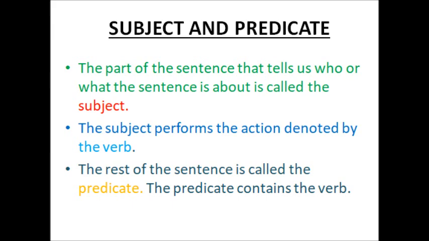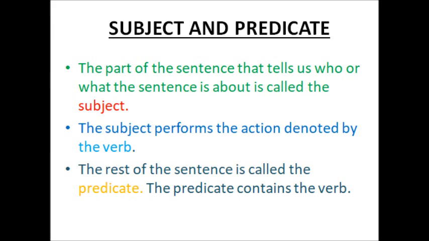The part of the sentence that tells us who or what the sentence is about is called the subject. The subject performs the action denoted by the verb. The rest of the sentence is called the predicate. The predicate contains the verb.